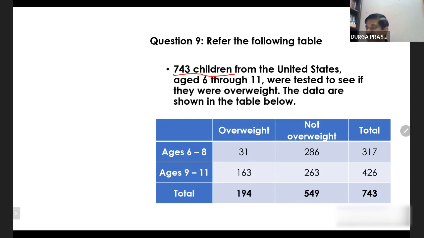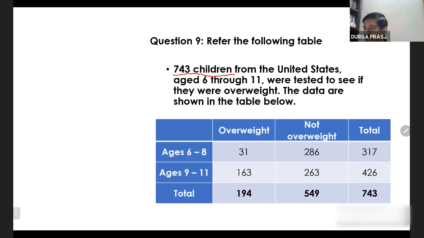So overweight children between ages 6 to 8 are 31, and normal within the limit is 286, totaling to 370. Between 9 and 11 ages, overweight are 163, and within the permitted limits is 263. So total number is 426. Sum of all these is 740.